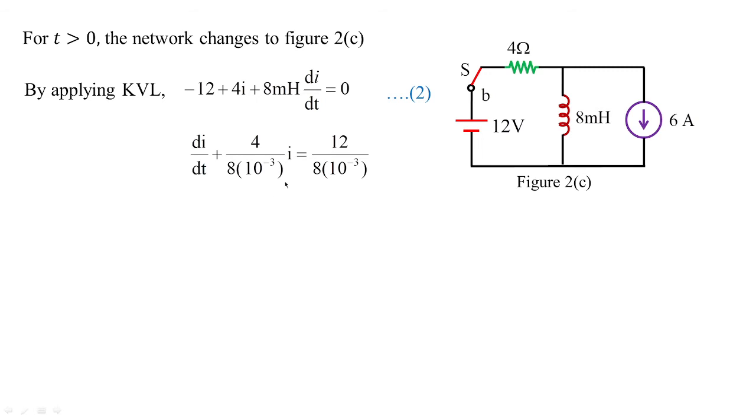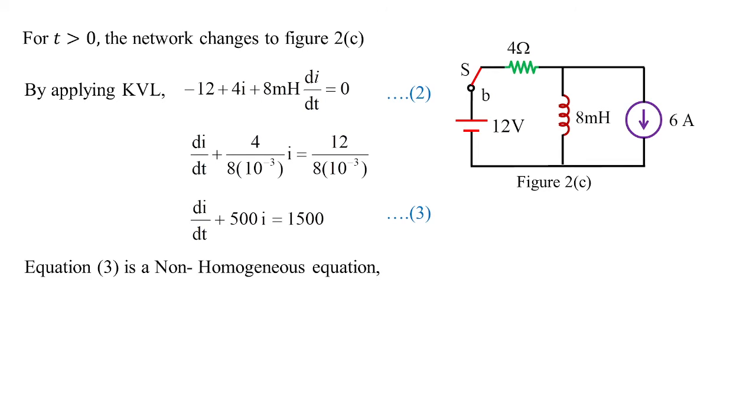So this particular equation changes to di by dt plus 500i is equal to 1500. Now this is a mathematical equation which we are treating as equation 3. So what kind of mathematical equation? It's a non-homogeneous equation. Its general form is di by dt plus pi is equal to q, where p is equal to 500, q is equal to 1500.